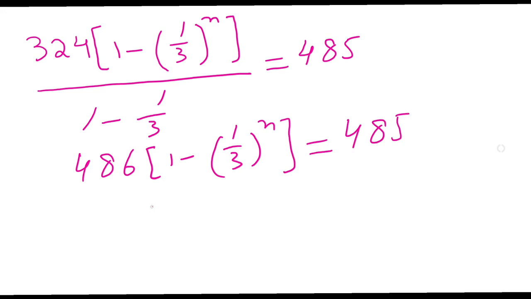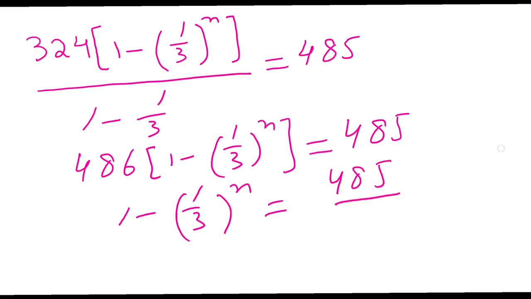Both sides you divide by 486, or 486 you pull over this side, become under fraction. Left hand side is on multiplication form, and I switch over to the right hand side, become division form. So the 1 minus 1 over 3 power n is equal to 485 over 486.